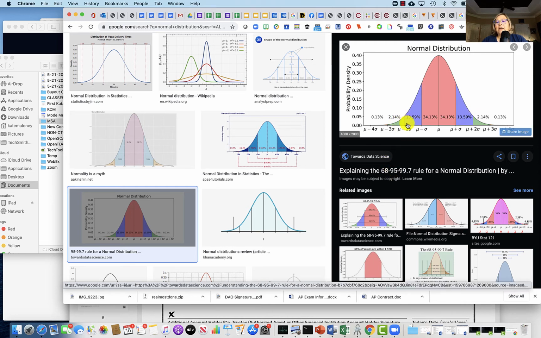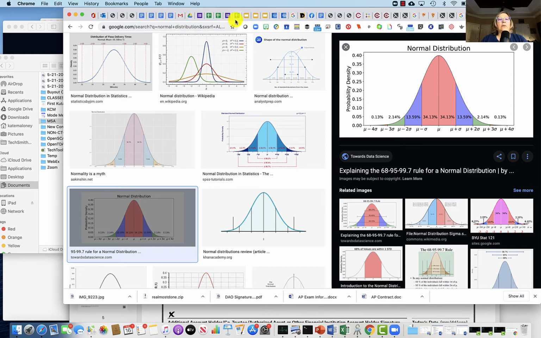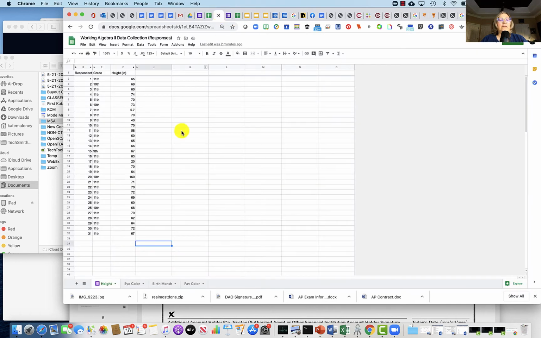So about 95% of all data collected in a normal distribution is not more than 2 standard deviations from the center, or the mean. We're going to get into that a lot on another day, but today what we are going to do is look at the data we collected and just explore it.